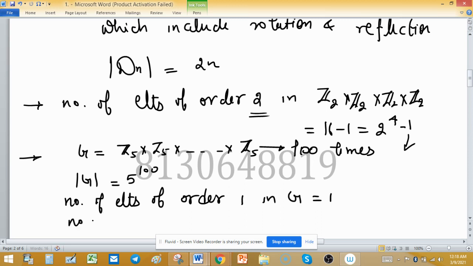So the number of elements of order 5 in G is 5^100 - 1.